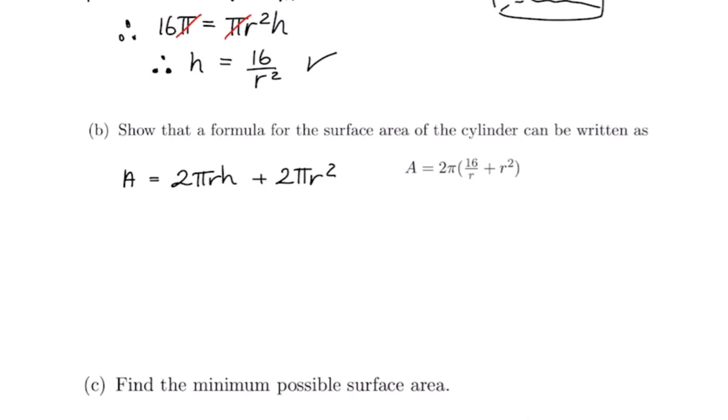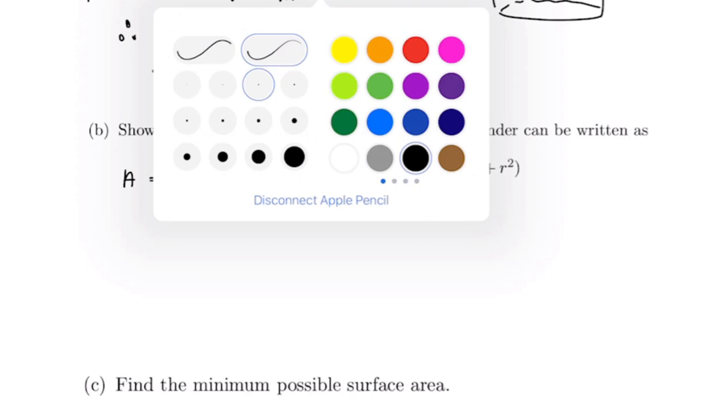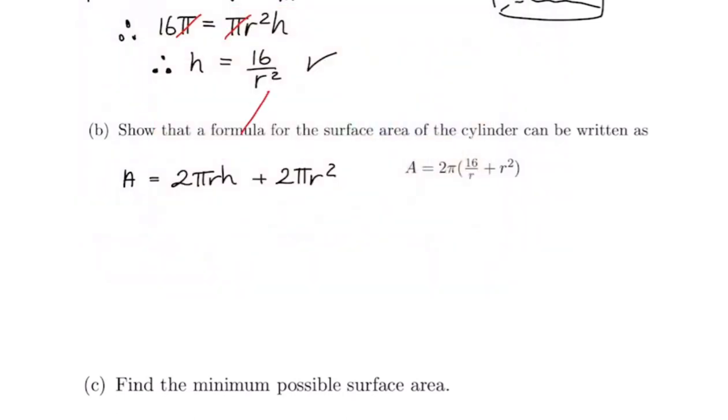You are then going to substitute, and I'll highlight it in red, your 16 over r squared from part A. So you get A equals 2 pi r times 16 over r squared, plus 2 pi r squared.